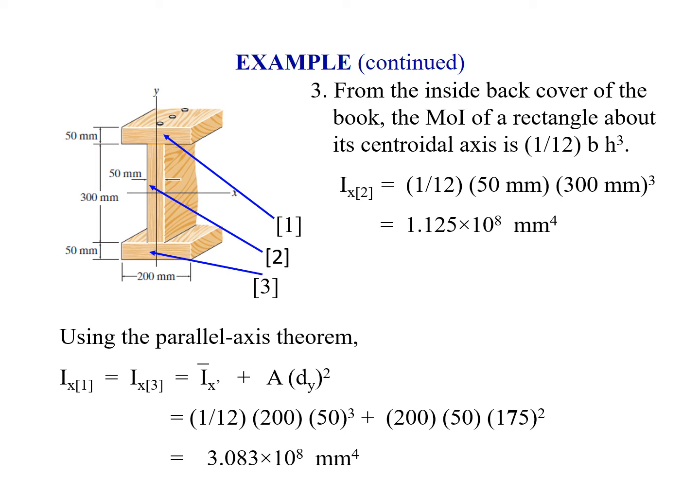But then we have to recognize that it's lifted far above the x-axis, so we need its area, 200 millimeters times 50 millimeters, times the distance from the centroid of the upper plate to the x-axis, 175 millimeters squared. So the contribution from the upper plate and the lower plate is equal to 3.083 times 10 to the 8th millimeters to the fourth.